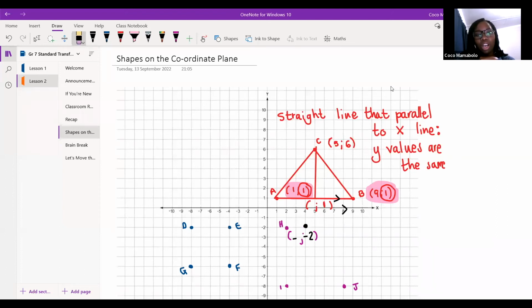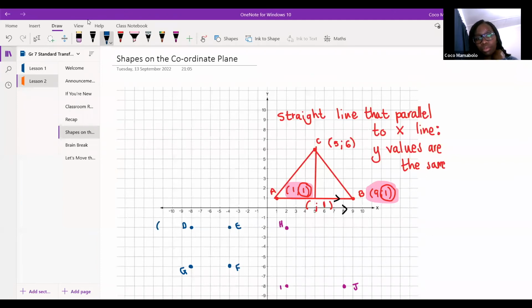Now, I need somebody to help me with this one, with D, E, F, G. Nelisa, do you want to help? Let's do D, E, F, G together. Give me the coordinates of D for me.